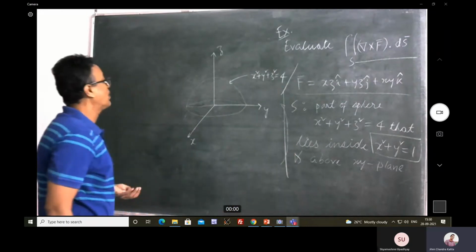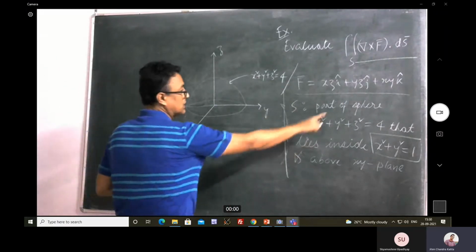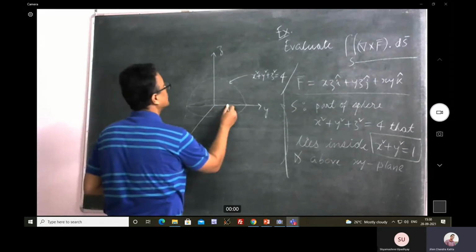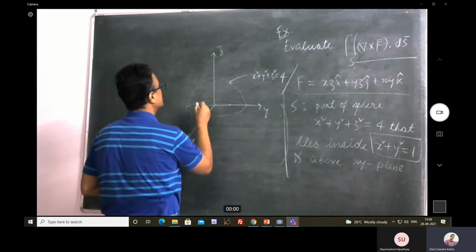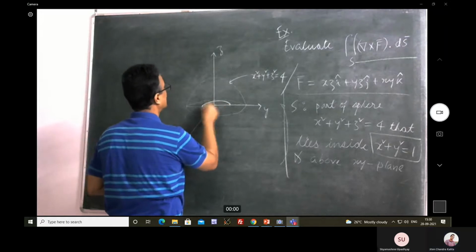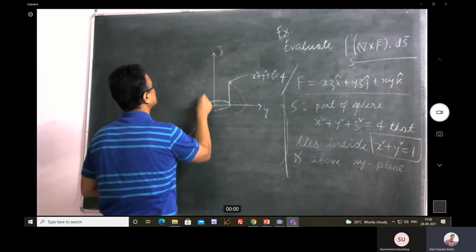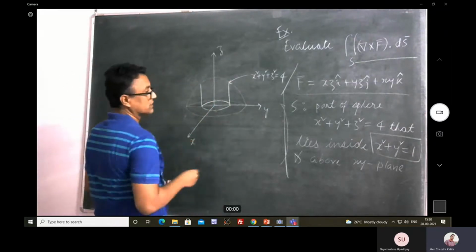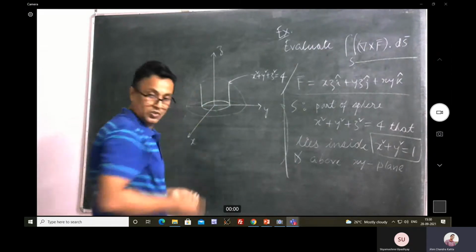Then we have to consider the cylinder given by x squared plus y squared equal to 1, which is going to be something like this.